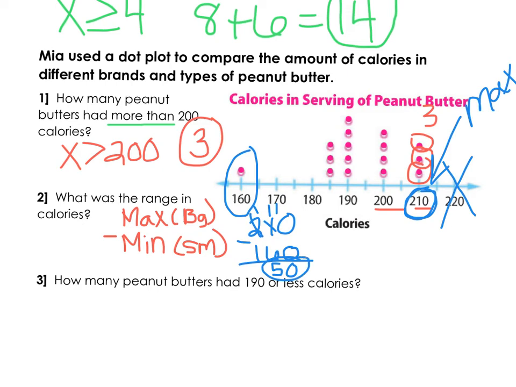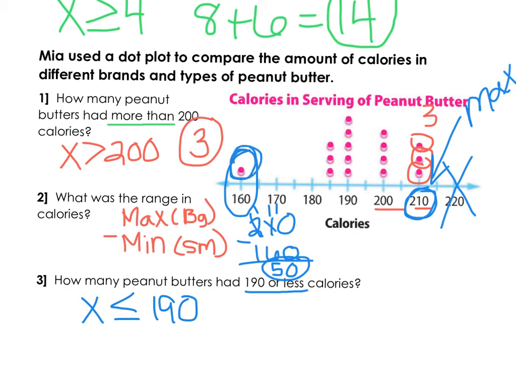Okay, and let's look at the last one here. It says, how many peanut butters had 190 or less? 190 or less. So I'm going to go to my sheet again and write x is less than or equal to 190. So I would include 190 and anything less than 190.